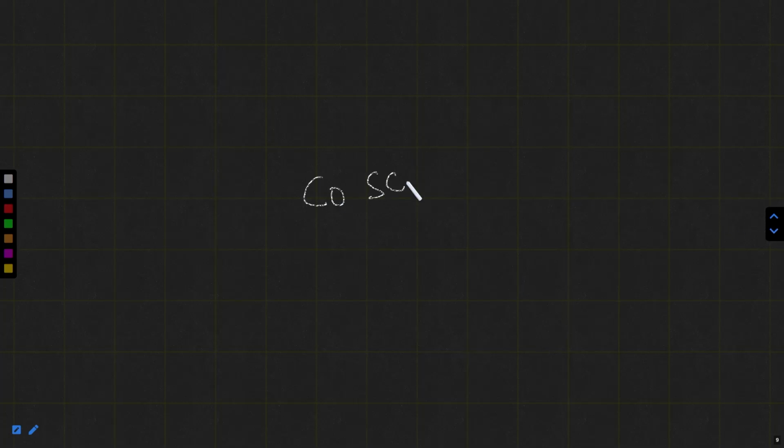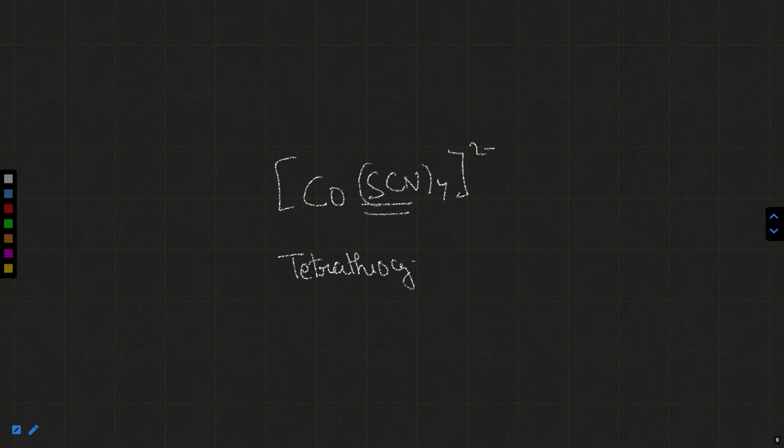Co(SCN)4 2 minus. Therefore, we will write first of all the name of the ligand, that is tetra for 4, tetrathiocyanato cobaltate(II).